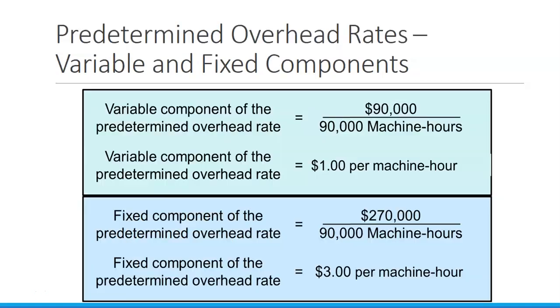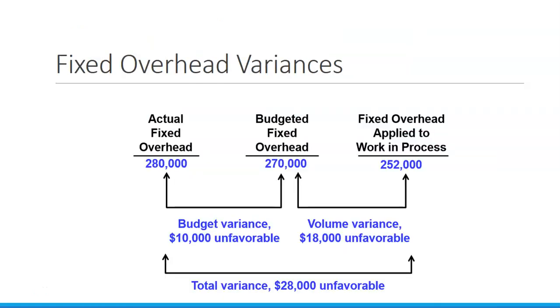Then as we go to the next slide, we see that $1 per machine hour is the variable component and $3 is the fixed component. It's the fixed component that we want to use in our analysis. So we can see here that the fixed component of our predetermined overhead is 270,000. That's our budgeted fixed overhead, 270,000.